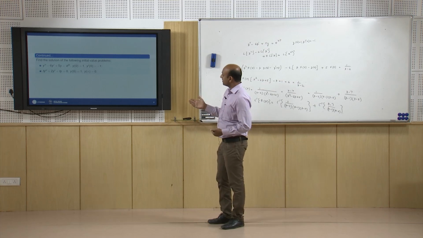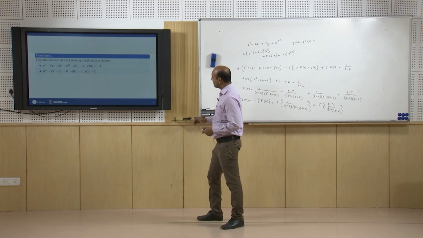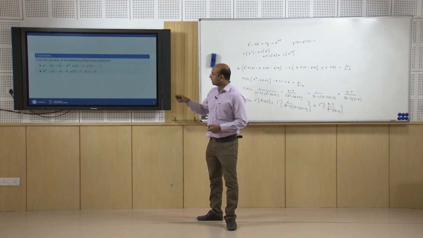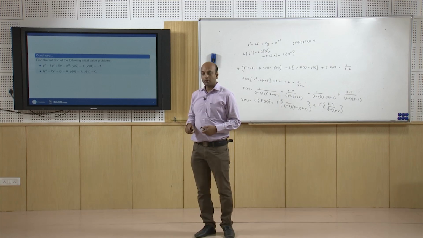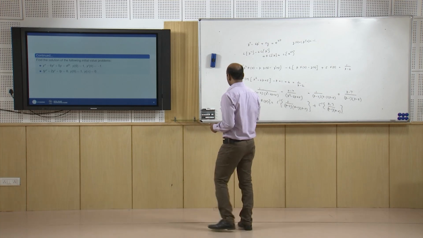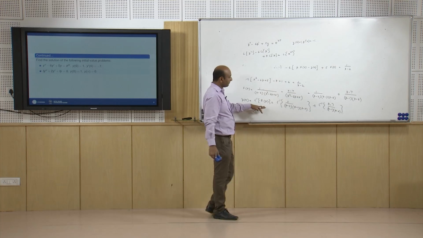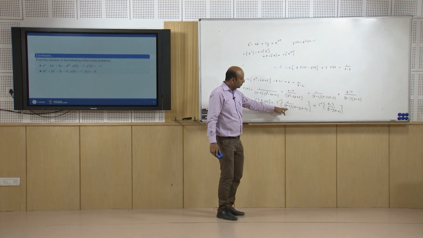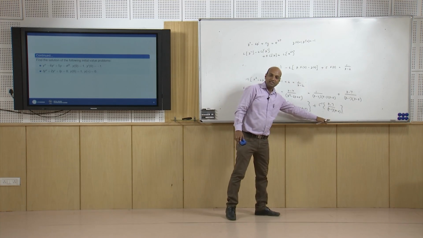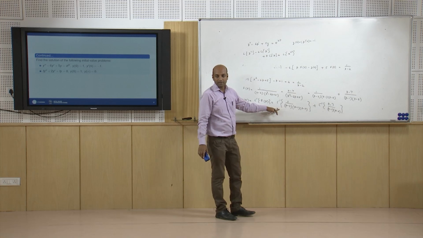Now, we will see the next problem involving t also in the y double dash or y. Let us solve this problem. So, this problem can be completed: you take the partial fractions, make the partial fractions and then take the Laplace inverse of these expressions.